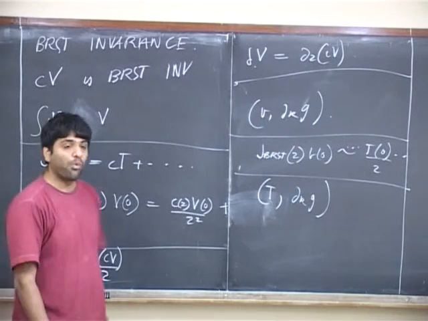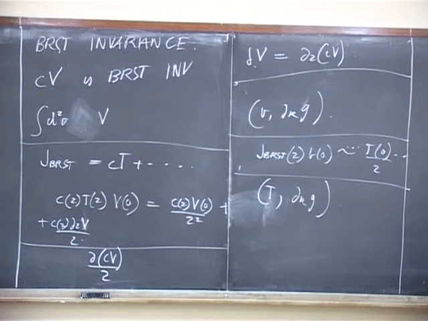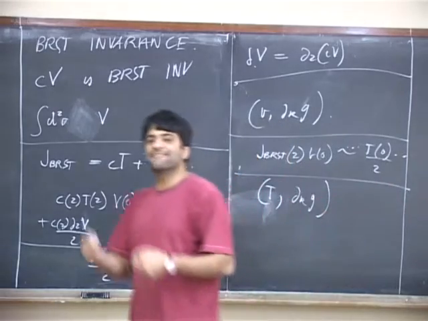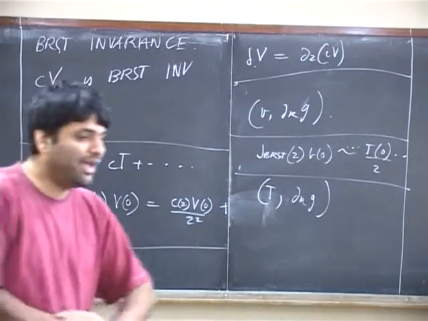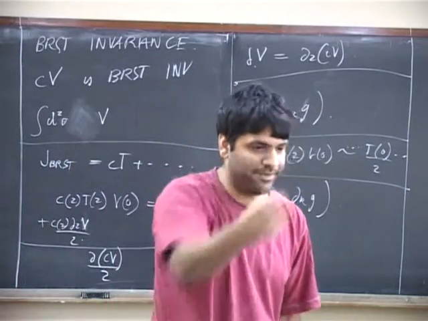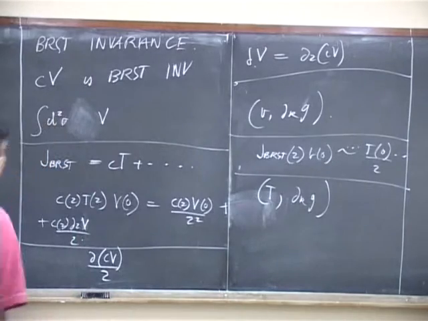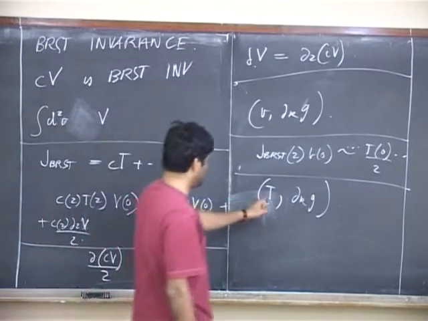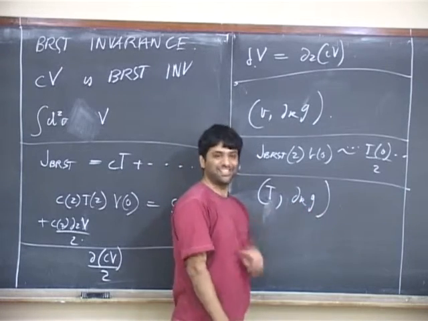Okay, so let's remember what T was. What is the definition of the stress density? The stress density is the variation of the path integral under a change in the metric. So now we take this stress tensor and take the inner product with this change in the metric.